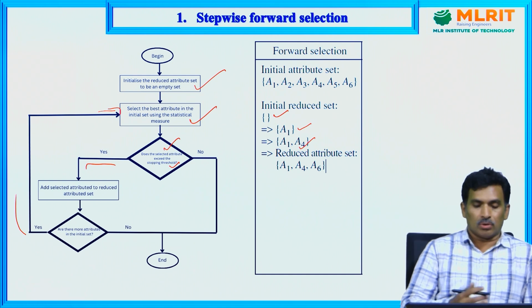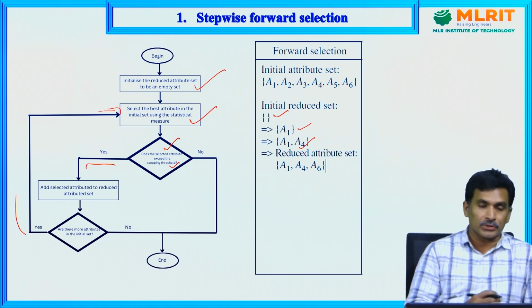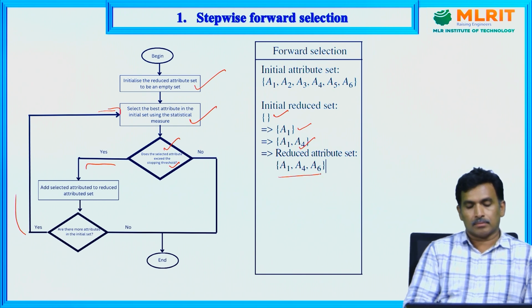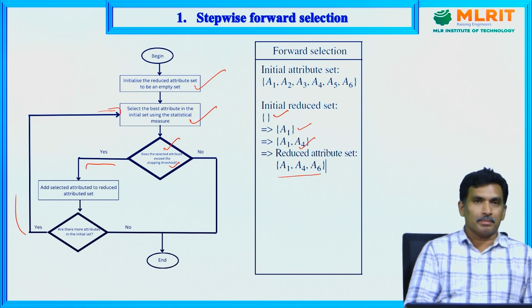Like this we follow the approach until we meet the stopping criteria. So it has the 3 best attributes.